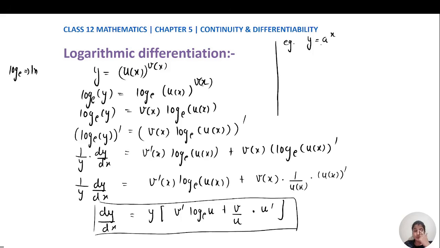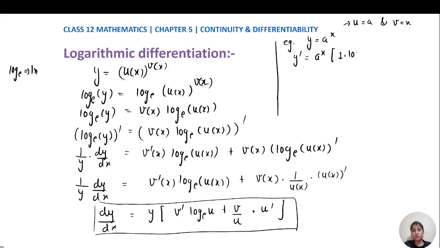Then we can say its derivative, that is y dash, can be given by a raised to x, that is y multiplied by v dash. Here our u is nothing but a and our v is nothing but x. Just use this formula, that is a raised to x. Then our v dash is 1.